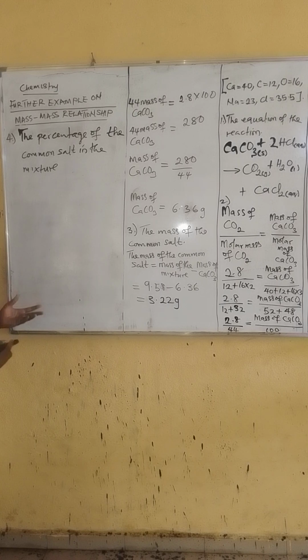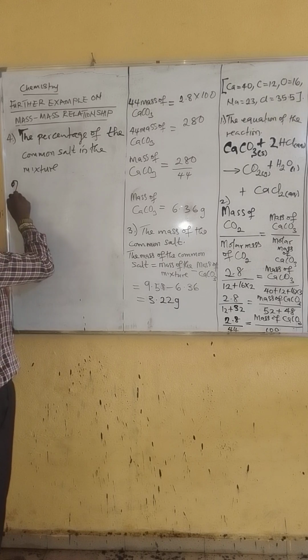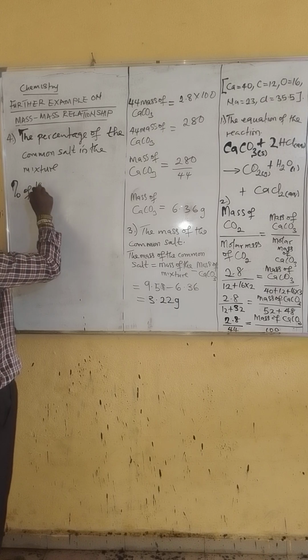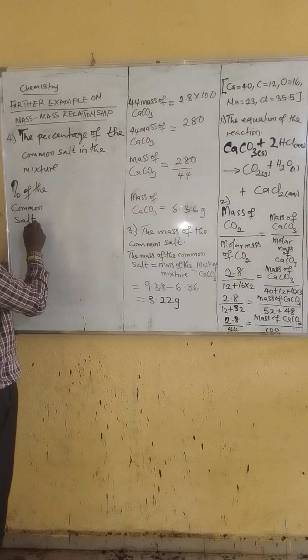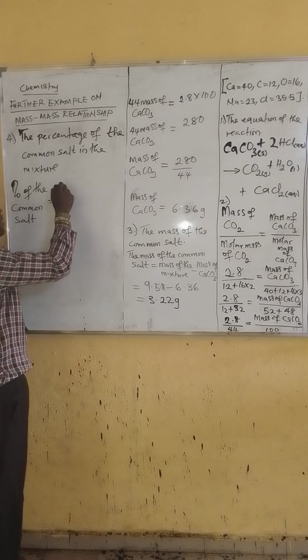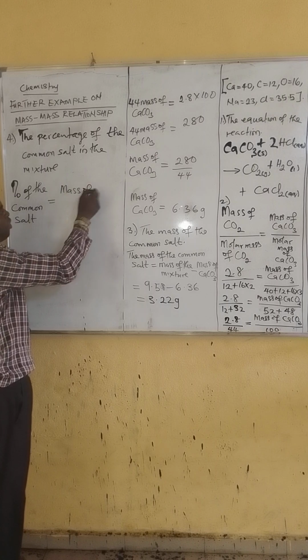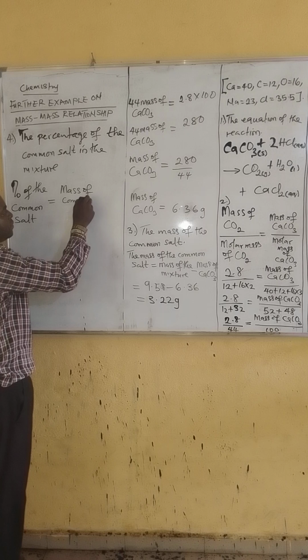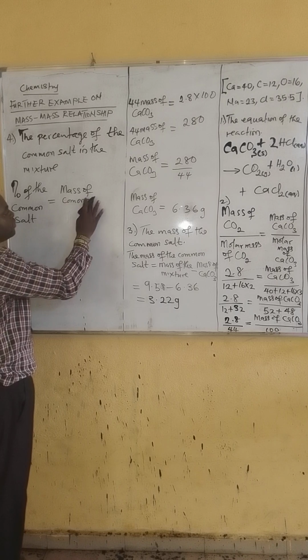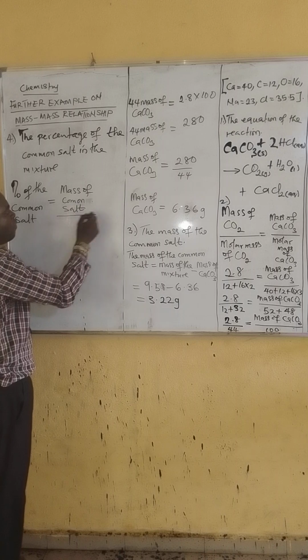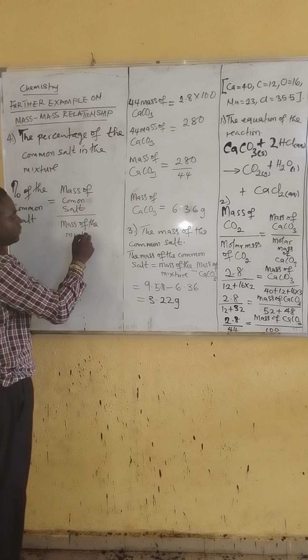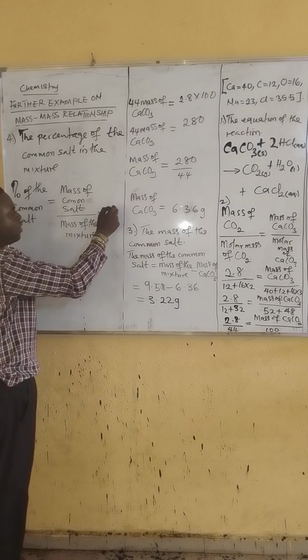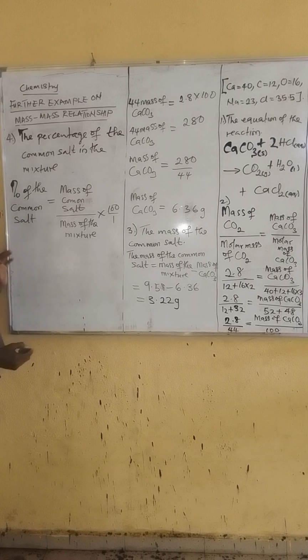Don't forget, to get that, we have percentage of the common salt, which serves as impurity, will be equal to mass of common salt over mass of the mixture, then times 100 over 1. So that's the formula for that.